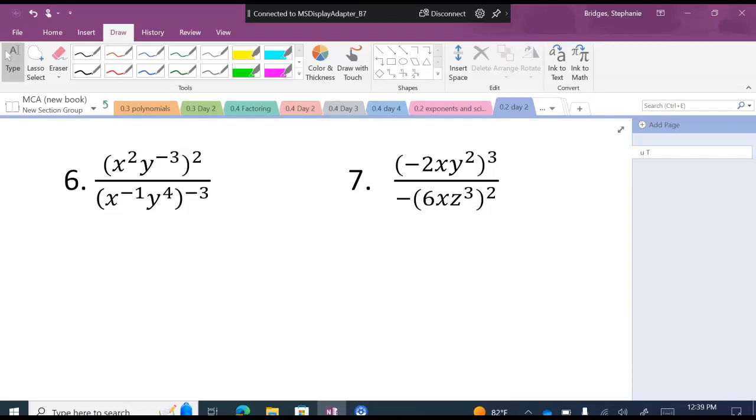And remember, when you have a power to a power, you're multiplying your exponents. Same thing in the bottom.